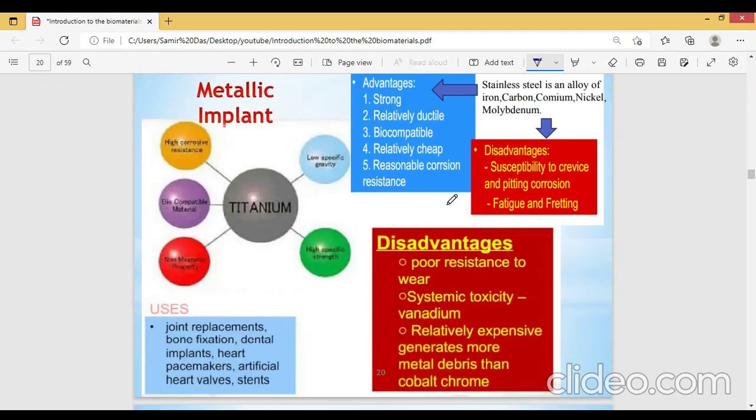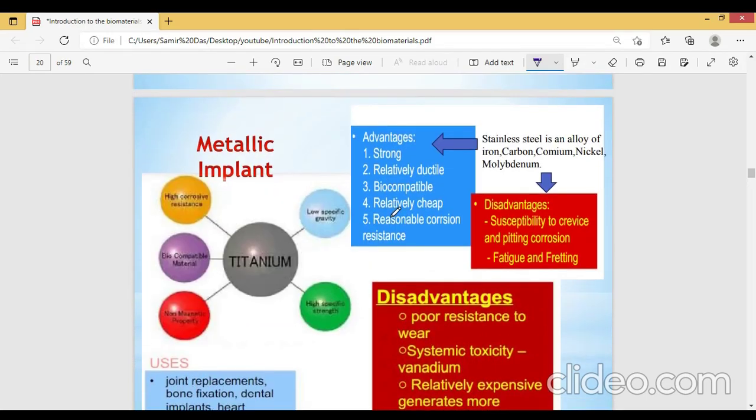Now comes the metallic implant part. Regarding metallic implants, the advantages are that they are strong enough.